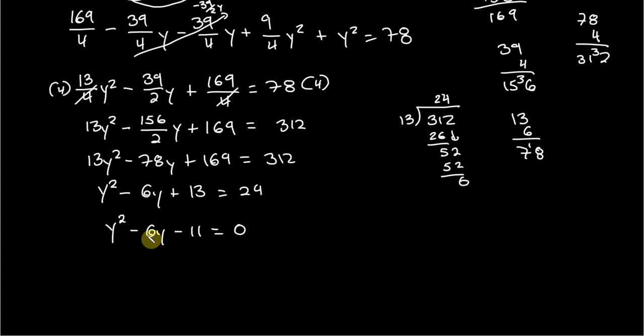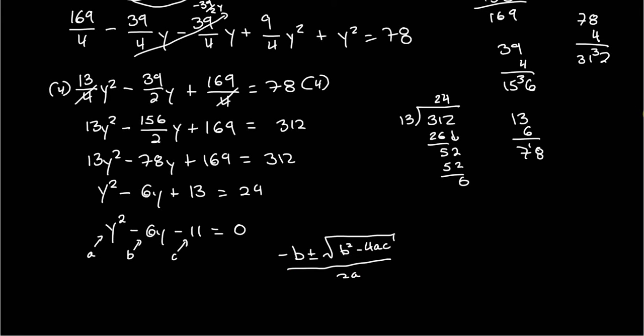So A is 1, B is negative 6, C is negative 11. Maybe I'll just write that. That's A, B, that's C. We know the quadratic equation. It's minus B plus minus the root of B squared minus 4AC, all of that over 2A.